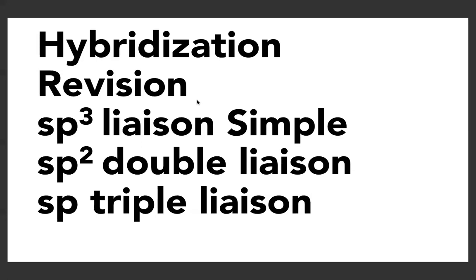Hybridization, like we said last time, is a state in which the carbon atom orients itself. We talked about hybridization in the sp3 state, and we say that this leads to the formation of simple bonds. Is it sigma or pi bonds for sp3?